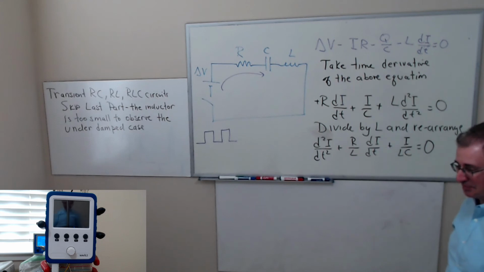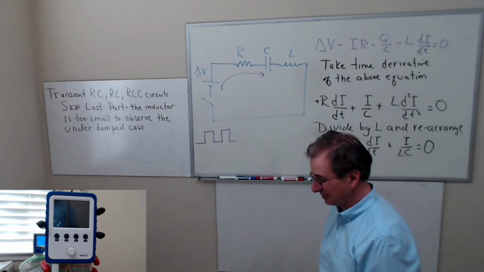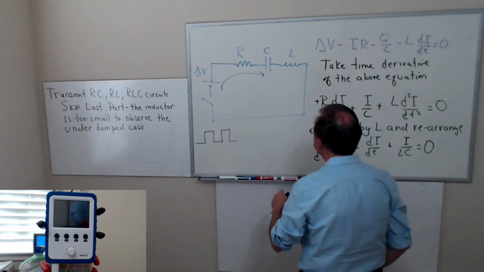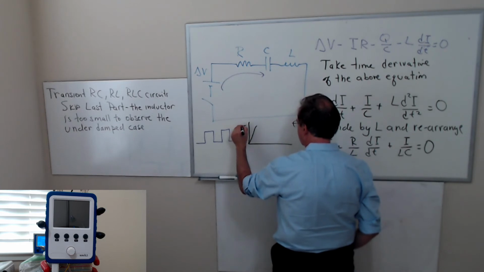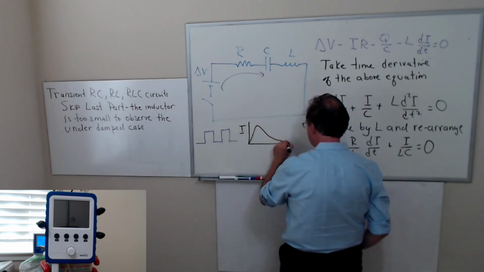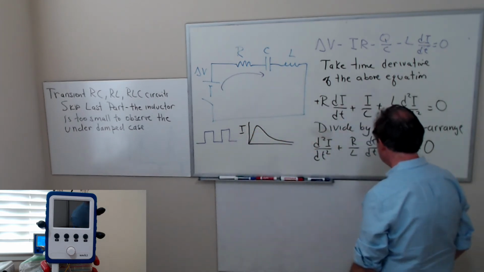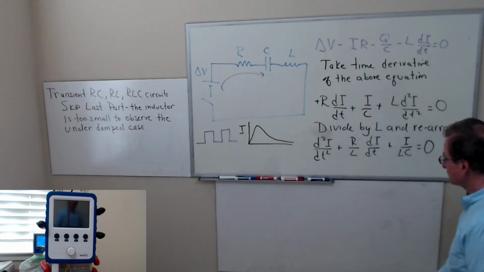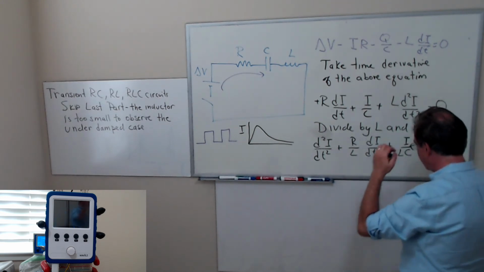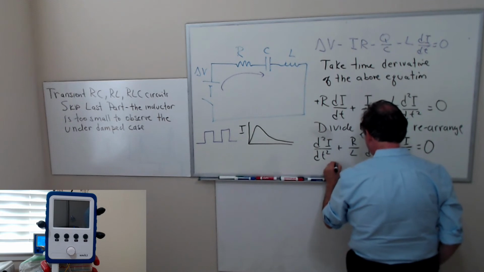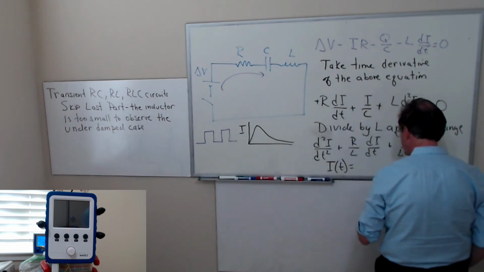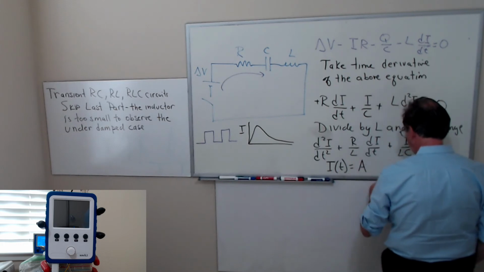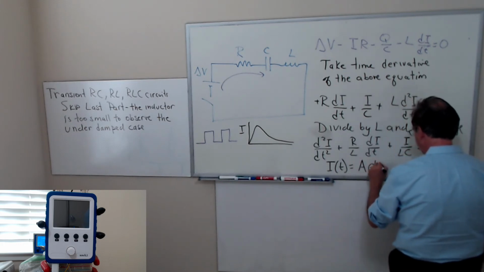This is a Math 33 problem. But what do I know? I know that the current is going to do this and decay to 0. From experience, I know that. So what if I say I as a function of time equals A e to the omega t?